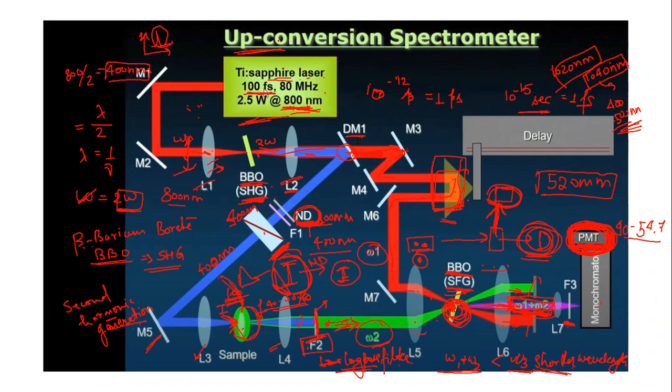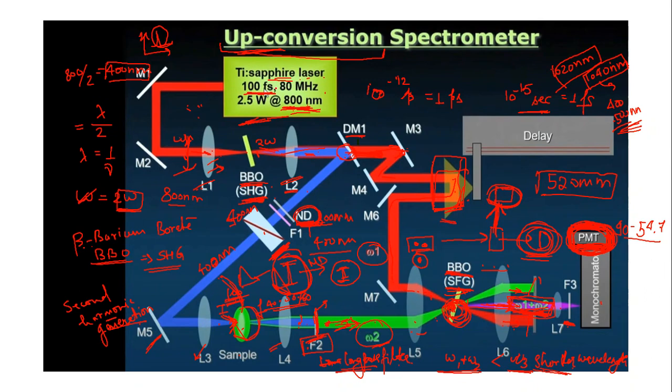Can you repeat the question? Actually, what I asked is, what does this up conversion mean? In this, why is this called up conversion spectrometer? Yeah, so I think like it is. I have also not mentioned this. Why is this terminology given to it? So, up conversion, why is the name given to it?